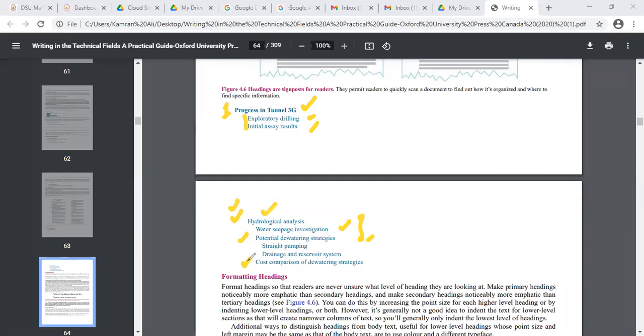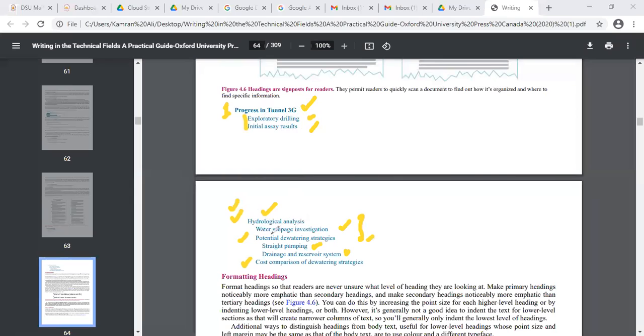And then we have the third level heading also, this one, right? So how are we learning about it? Through indentation, right? These are indented. Exploratory drilling has been indented here, right? Initial assay result has been indented here.